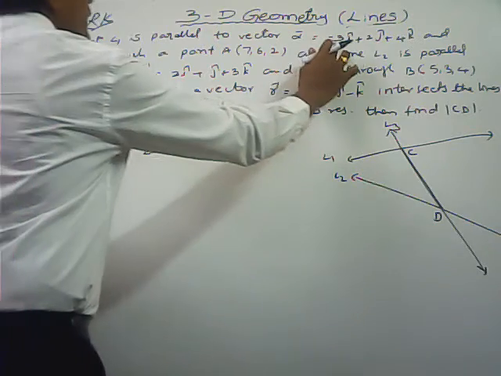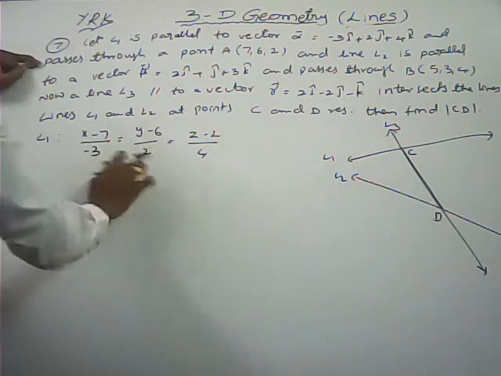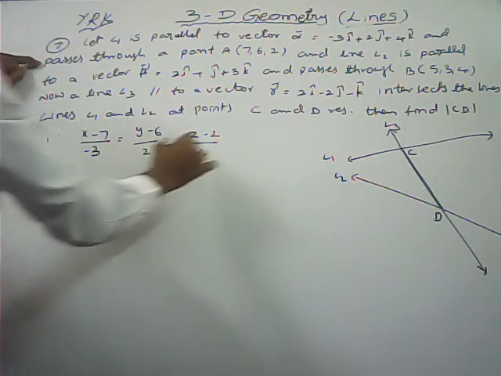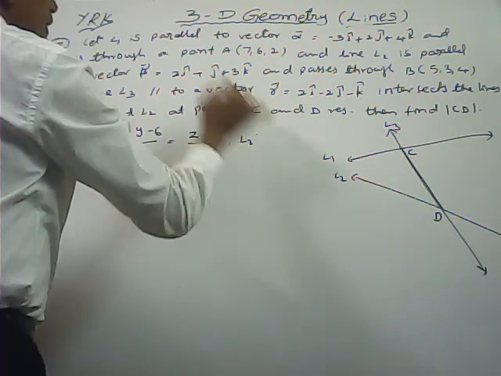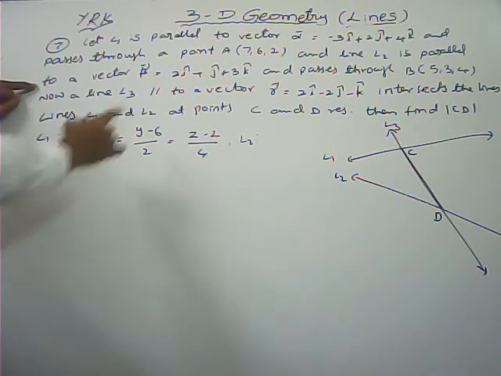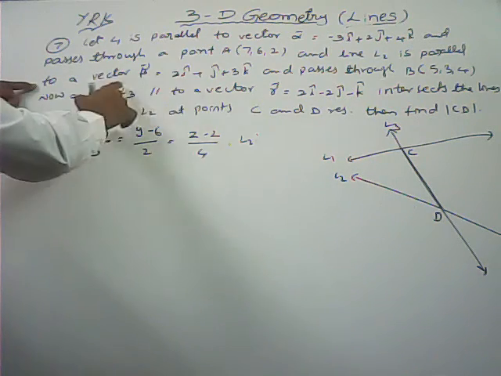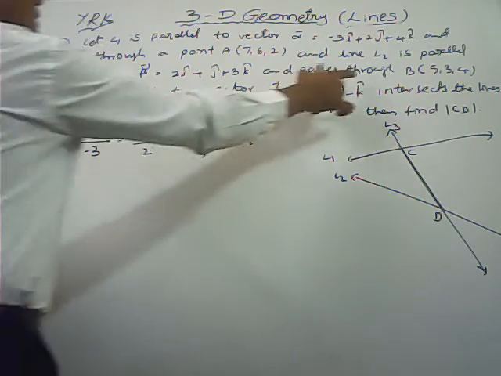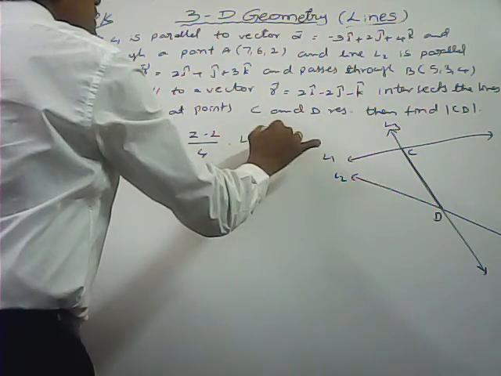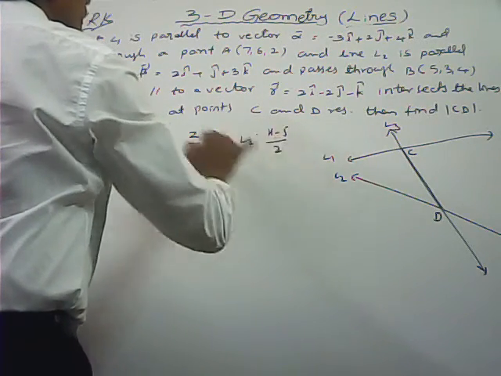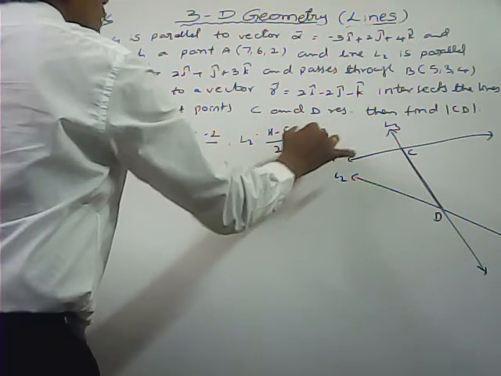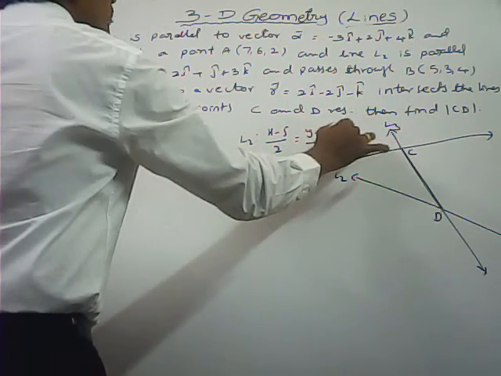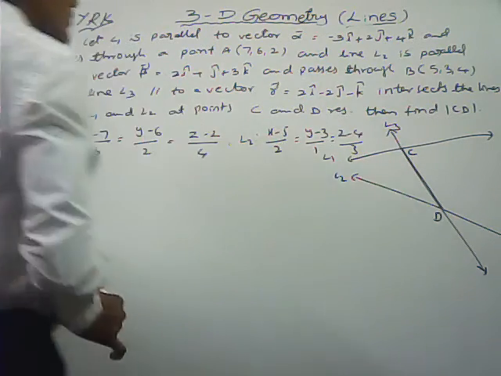These are the parallel DRs, minus 3, 2, 4. And what about the equation of the line L2? L2 is parallel to this one, parallel DRs and passes through that point: (x minus x1) by a, (y minus y1) by b, (z minus z1) by 3.